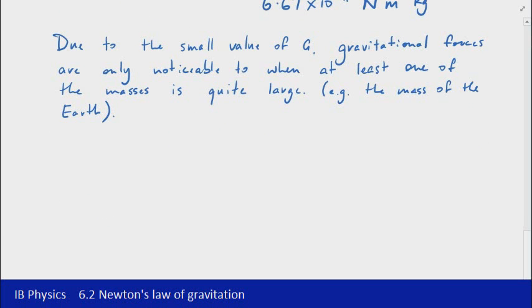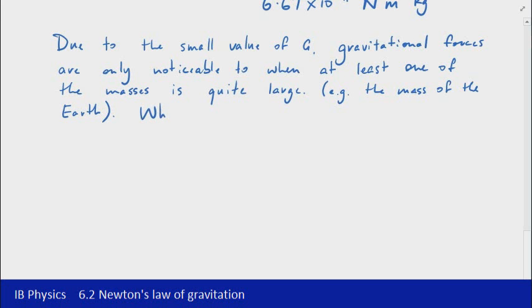So as long as one of those masses is quite large, then we can actually notice the forces. These gravitational forces do apply on smaller scales as well, but they're not as significant. In fact, of the fundamental forces of nature, gravitational forces are actually the weakest, whereas the strong nuclear force, weak nuclear force, and electrostatic forces tend to be a fair bit stronger.